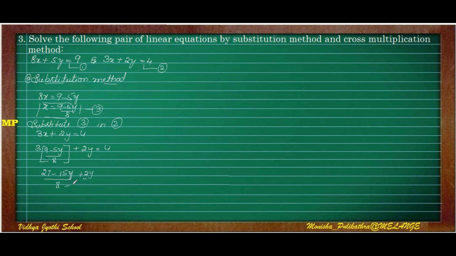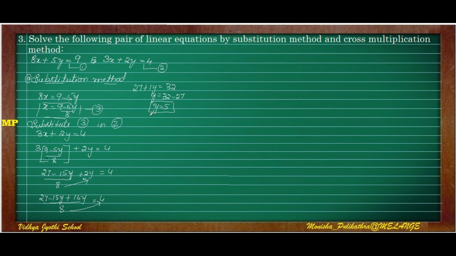First we cross multiply: (27 minus 15y plus 8 twos are 16y) whole divided by 8 is equal to 4. Next, 27 minus 15y plus 16y is plus 1y, equal to 8 fours are 32. So y is equal to 32 minus 27, that is y is equal to 5.